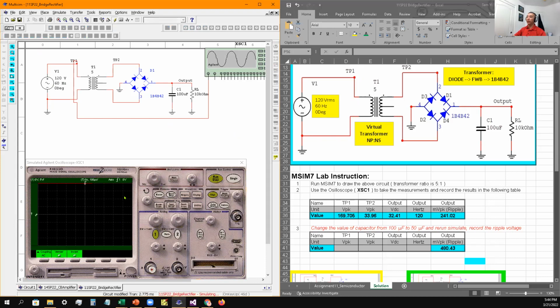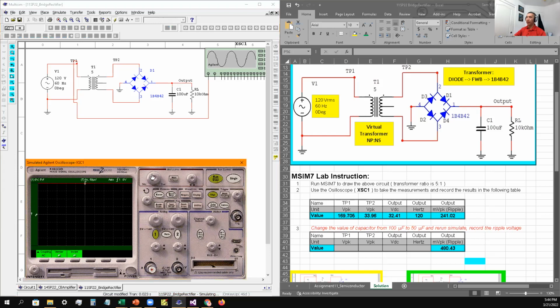Okay, as you can see, the number is way above that, so I have to change it. This is at 5 volts per division, and my timing is very small, so I need to give it a little bit more. So now I just adjust this one a little, give it a little bit more.